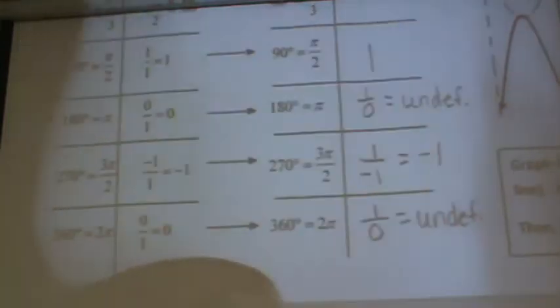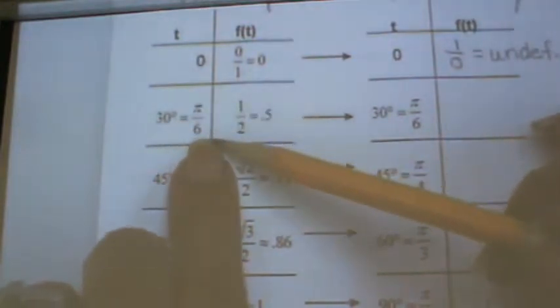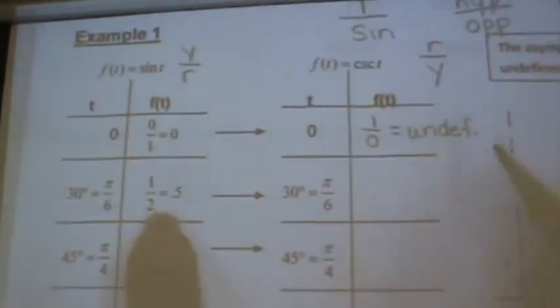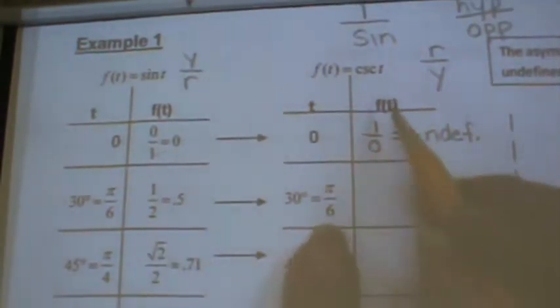How about the stuff in between? The 30, 45, and 60. Well, for the sine curve, if you did 30, now where's this 1 over 2 coming from? Here's your 30 degree, it's 1 over 2. Opposite over hypotenuse is 1 over 2. So what's it going to be for cosecant?